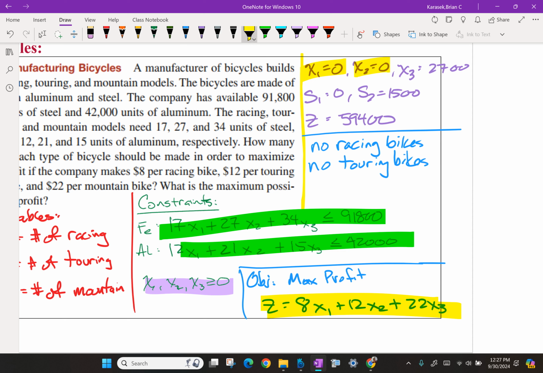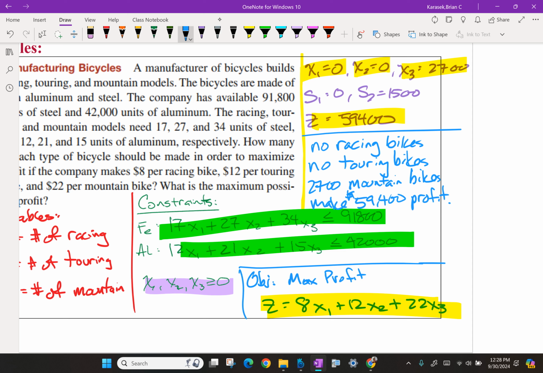The x sub 3 being 2,700 means we're going to produce 2,700 mountain bikes. The z being 59,400 means that we will make $59,400 in profit.